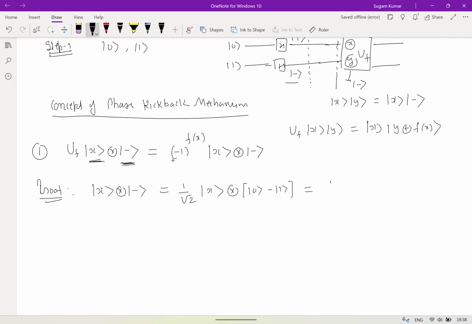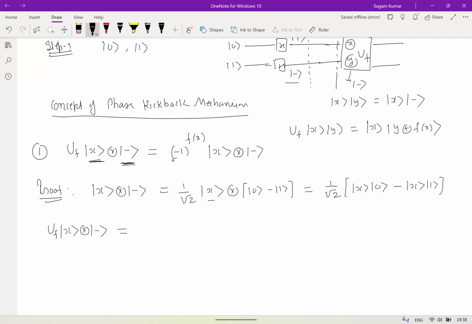Then multiplying, this is going to become 1/√2 times X and 0 minus X and 1.